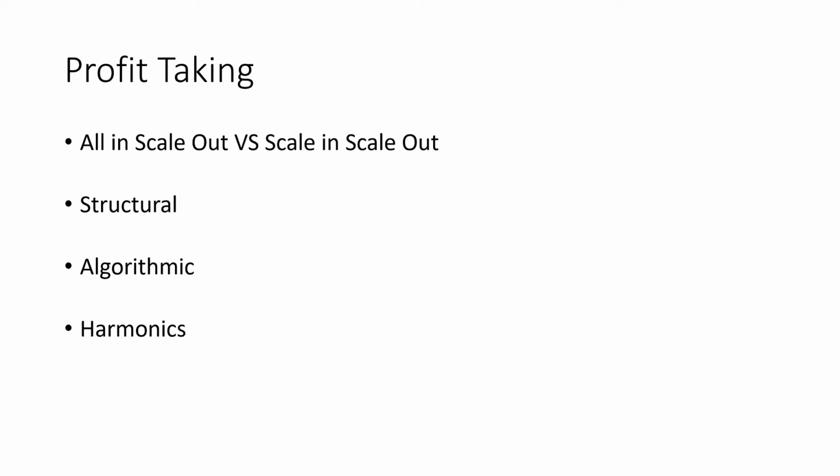So there's a few different approaches, right? Just as far as managing your profit taking, there's an all-in, scale-out model and a scale-in, scale-out model. Those are the two primary ones that you hear people talk about. So if you trade 10 contracts, you enter your position 10 contracts deep.